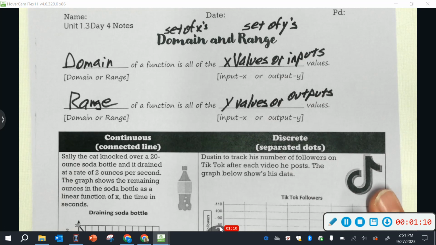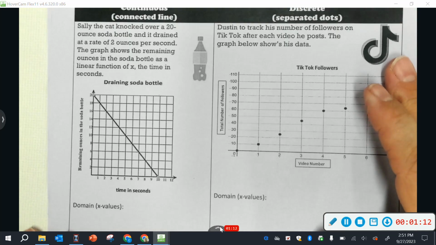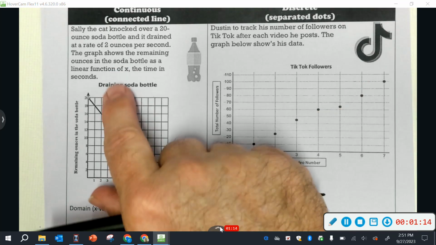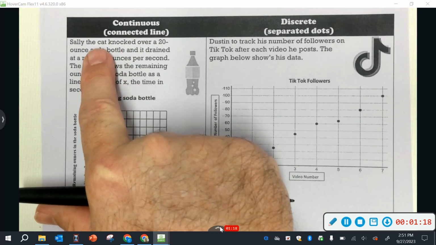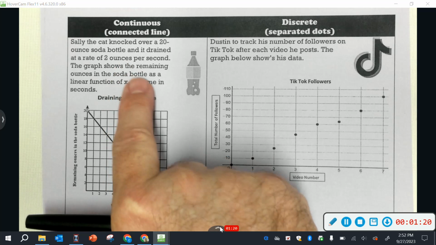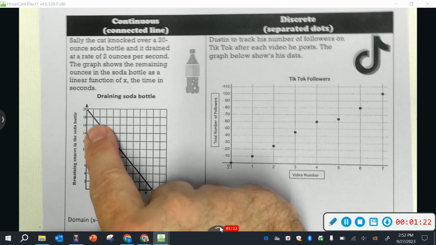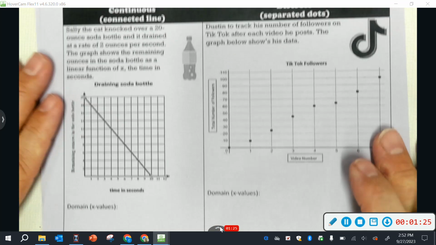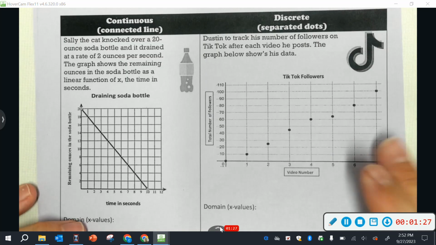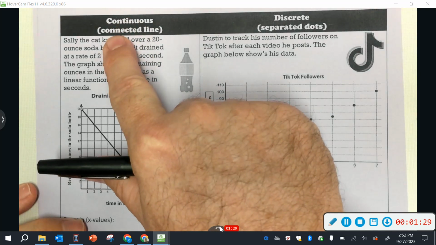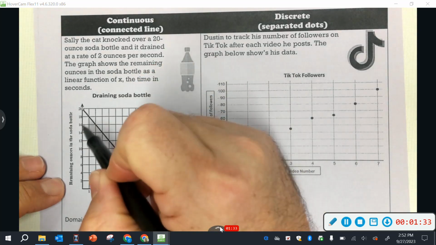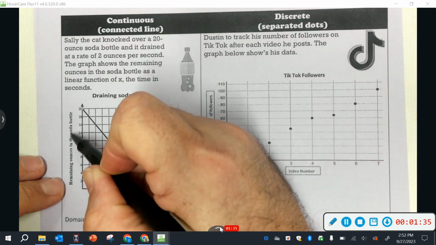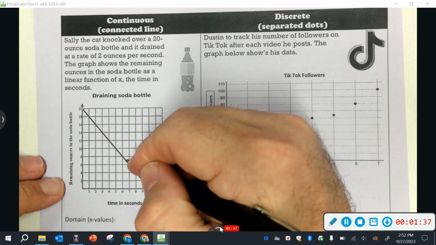Okay. All right. So let's look at these two situations here. The first one here, we have what's called a continuous situation. So Sally the cat knocked over the 20-ounce bottle of soda. The bottle starts draining. Okay. Notice now this is a continuous situation, and the reason why is because remaining ounces in the bottle, that is measured.